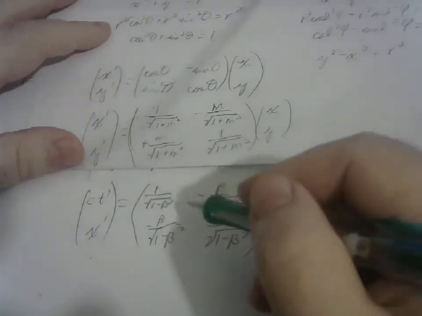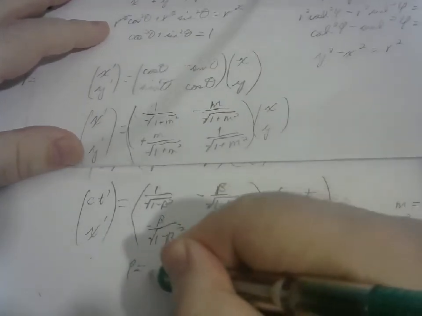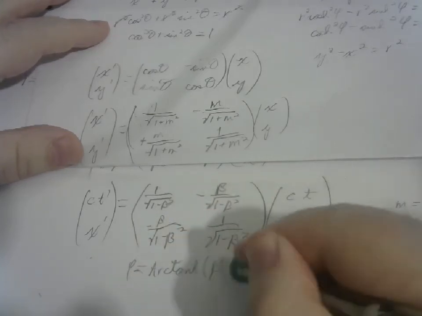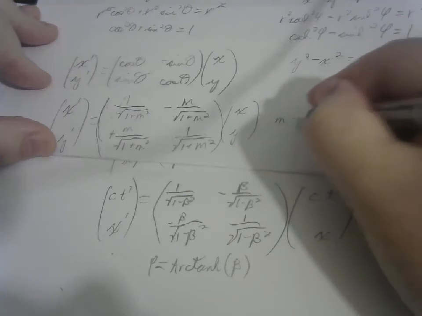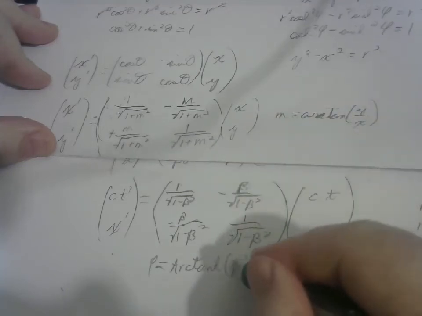Also, if you use phi is equal to the arctangent of beta, the same as this one, where m is equal to the arctan of y over x, this is arctangent of v over c.